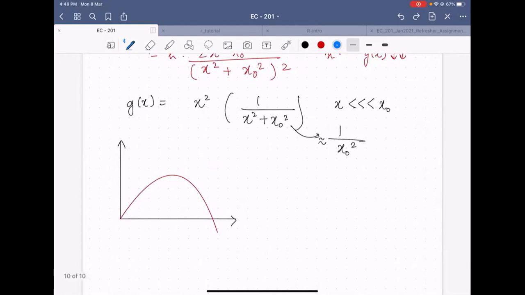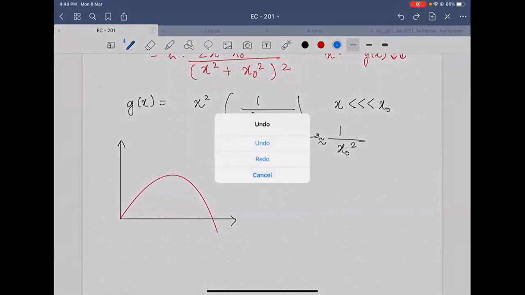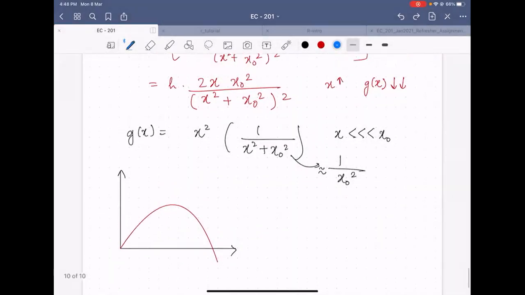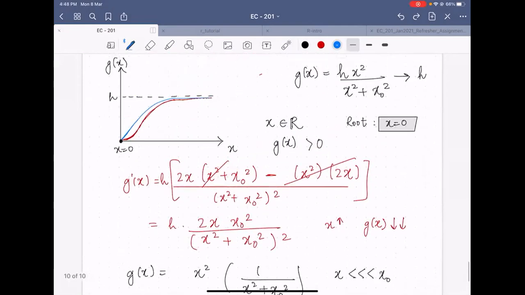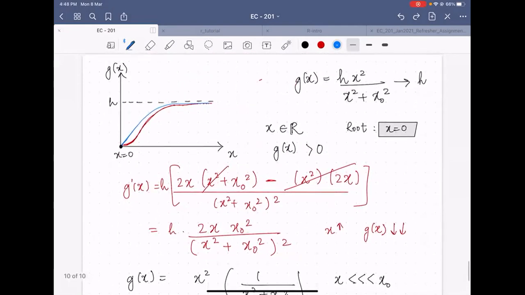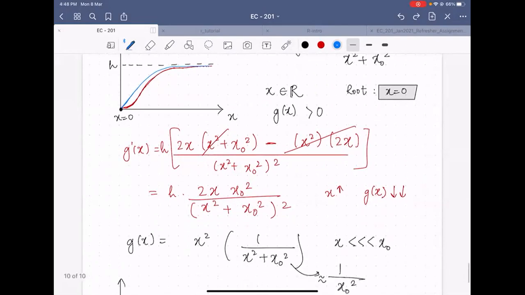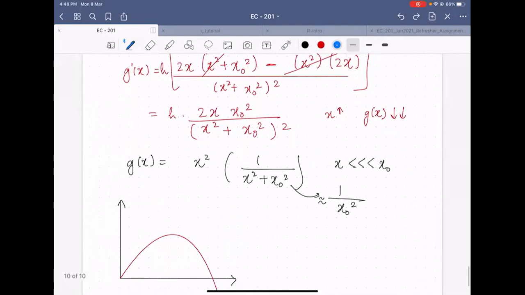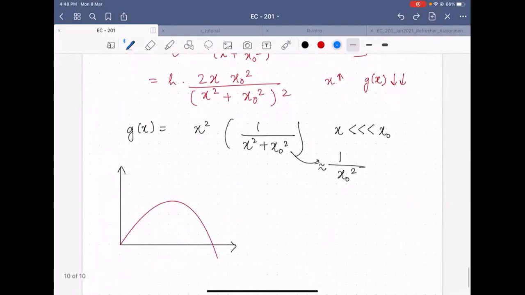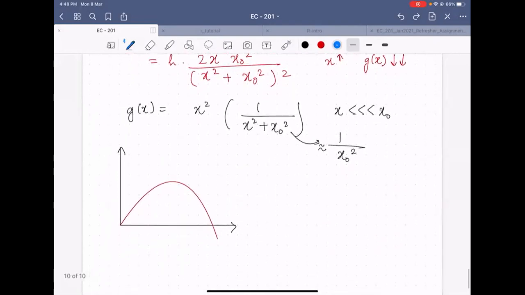Or you can do the other way around: plot the g(x) function first, and then plot the parabola. Since we have not defined the values of r and k, you can really play around here. I hope these were clear to you.